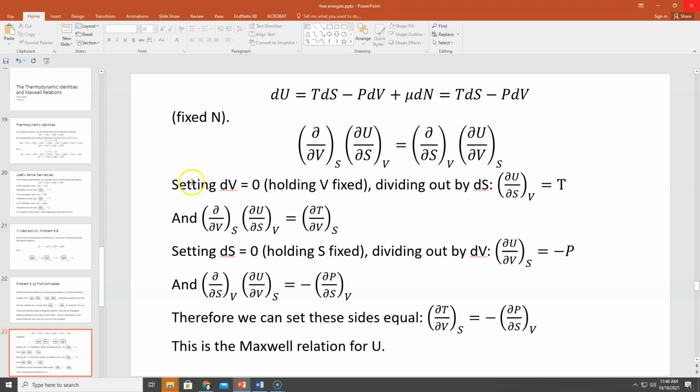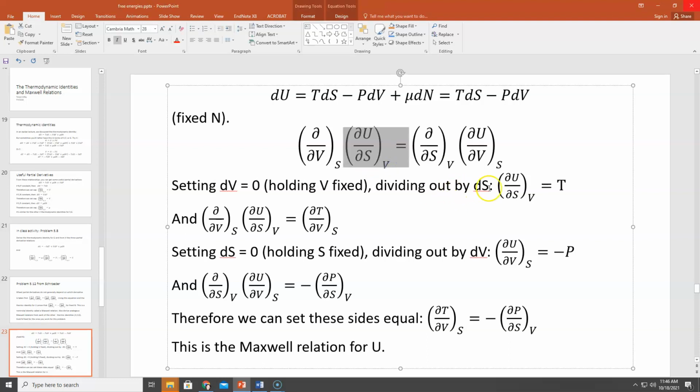Okay, so let's do the left-hand side first. Let's set dV equal to 0, which means we're holding V fixed, right? That's the partial with respect to S holding V constant, and then we divide out by dS from our thermodynamic identity. So that would mean that dU is equal to TdS.